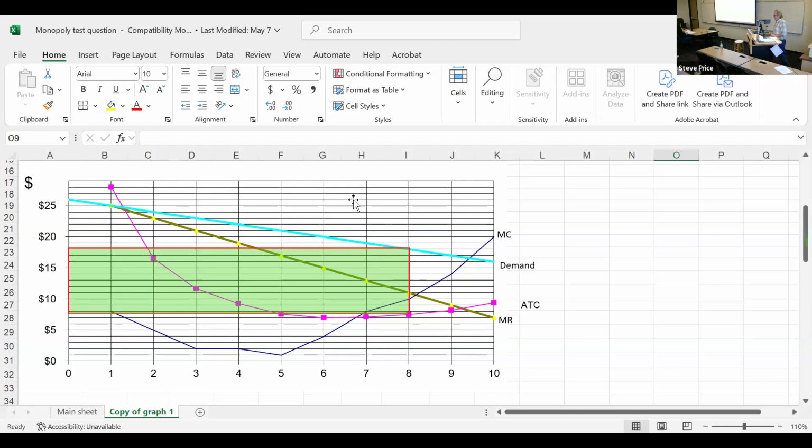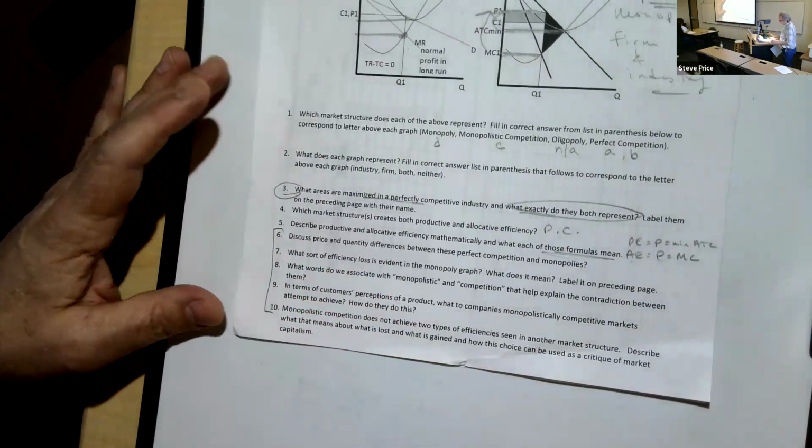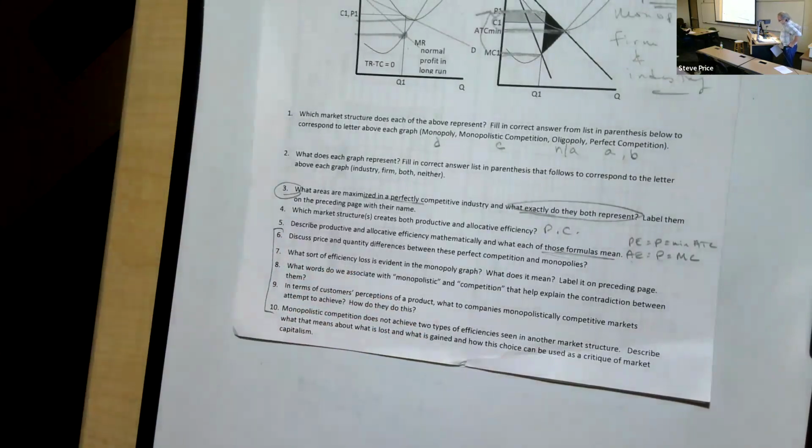Talk to each other, look at your notes for a second before I just blather on more. You've heard plenty of my voice. Six through 10. You should have notes on all this.